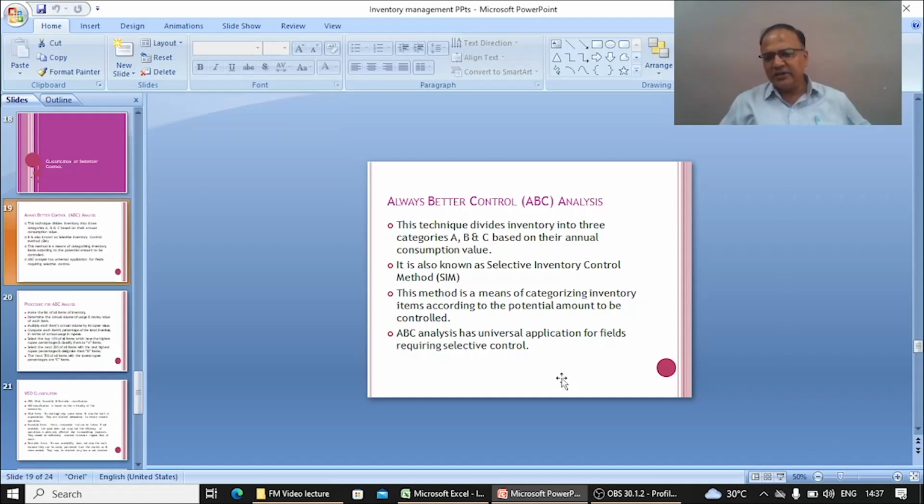C category means this type of material is around 60 to 70%. But if we talk about the cost component, then the cost involved in this type of material is very much low in comparison to A and B category.